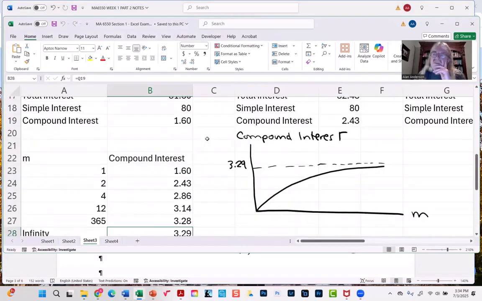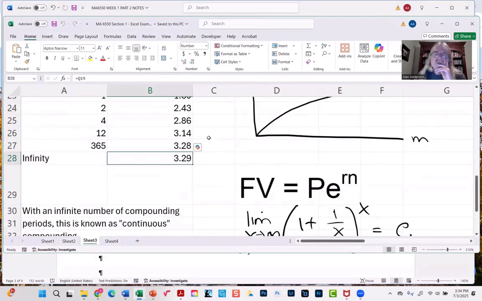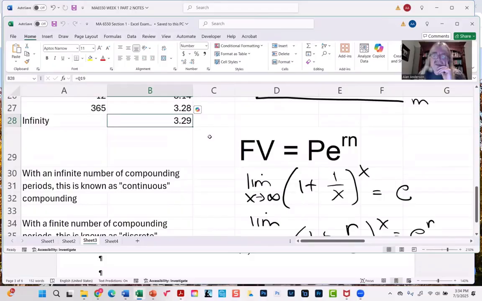So this has a special name in finance. This is called continuous compounding because we're assuming that the number of compounding periods is infinite, which means that you're getting interest compounded or credited to your account at every instant in time or on a continuous basis.